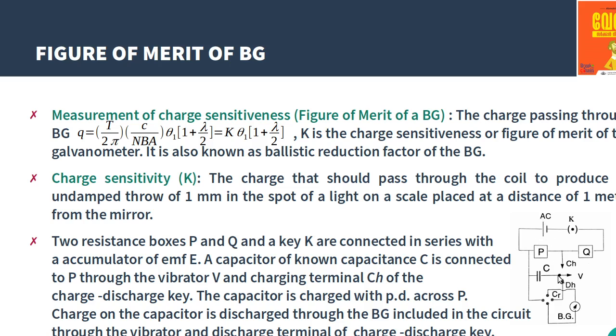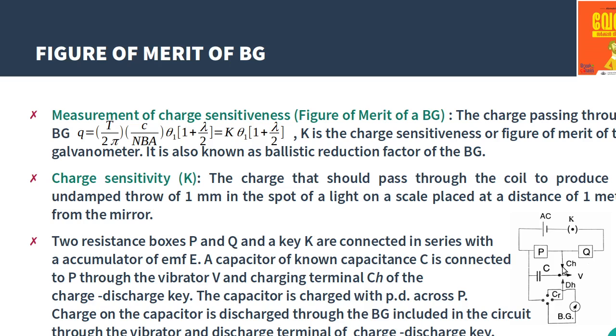Then we will connect this vibrator and this charge discharge terminal. Then this potential that is developed across P is used to charge this capacitor C. So the capacitor gets charged.